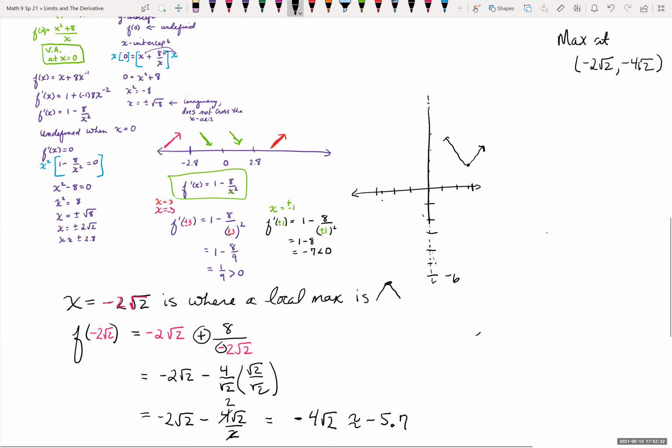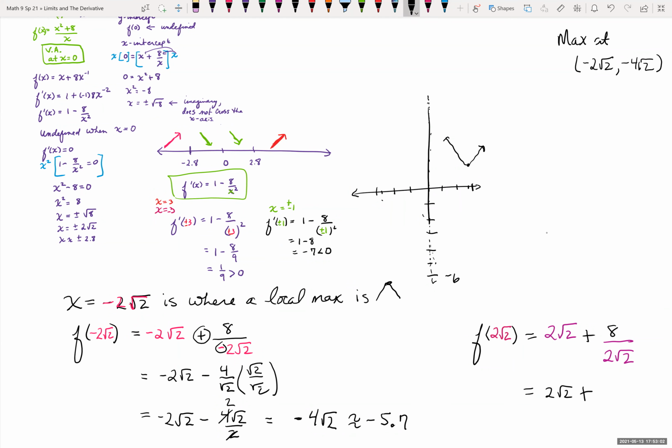Same sort of idea. We can see that it's decreasing and then increasing at 2 root 2. So let's plug that back in. So I have 2 root 2 plus 8 over 2 root 2. If I rationalize the denominator, like we were just doing, we can reduce.